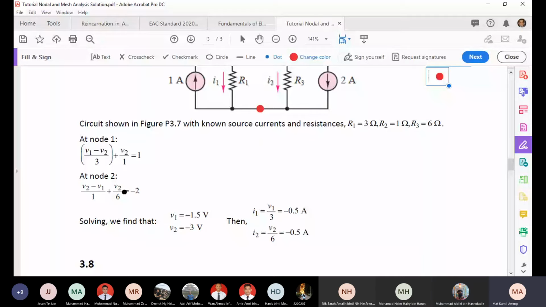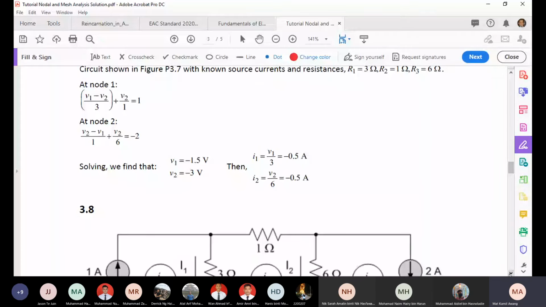So this is I2. This one is correct, but this equation is wrong. So I need to correct this, and I will give you the correct solution later.